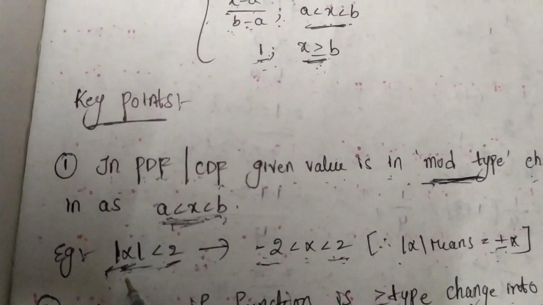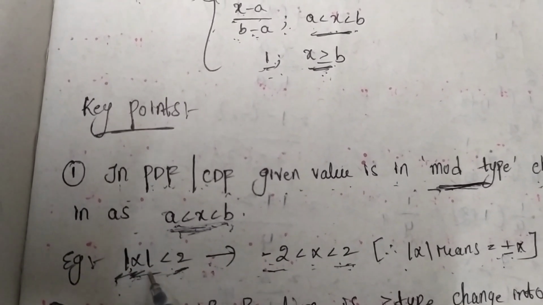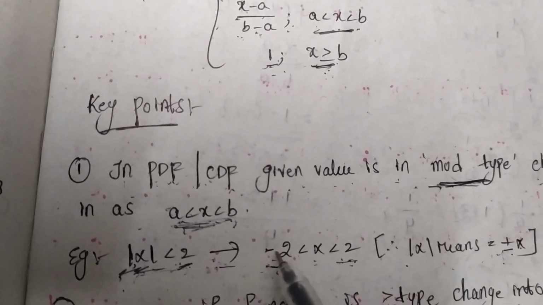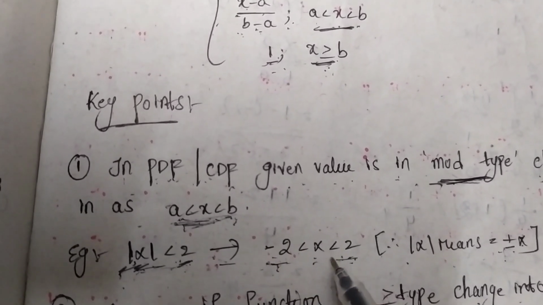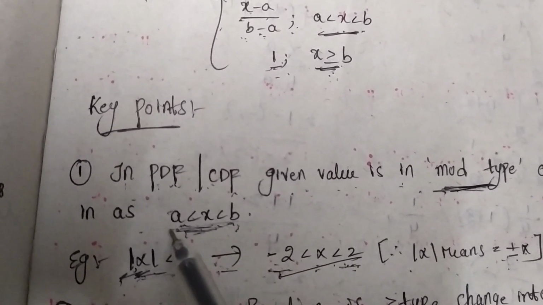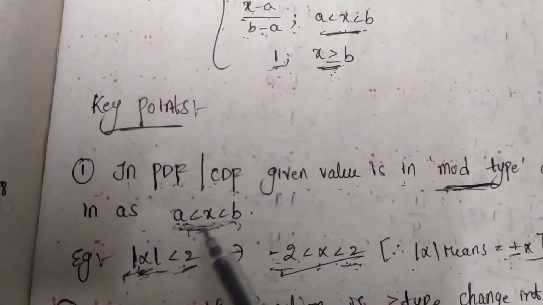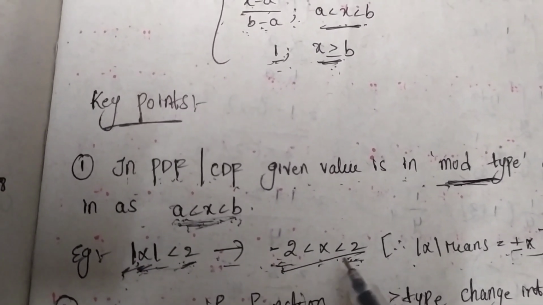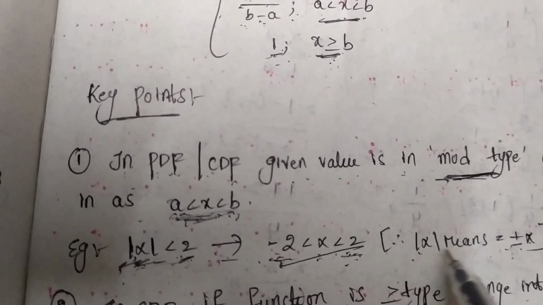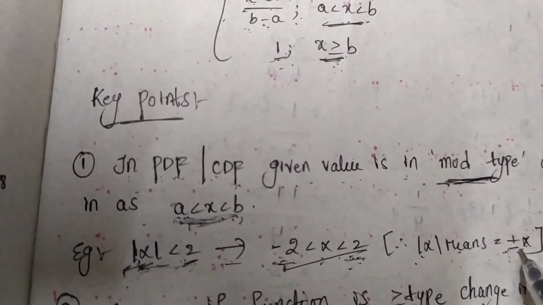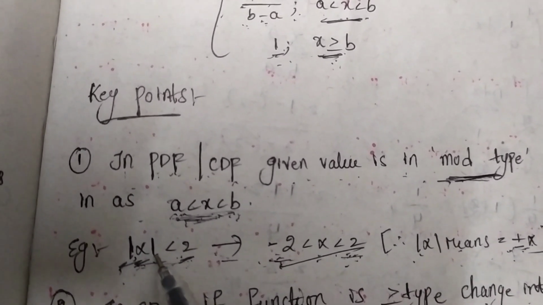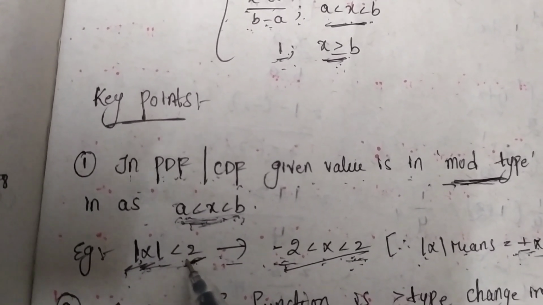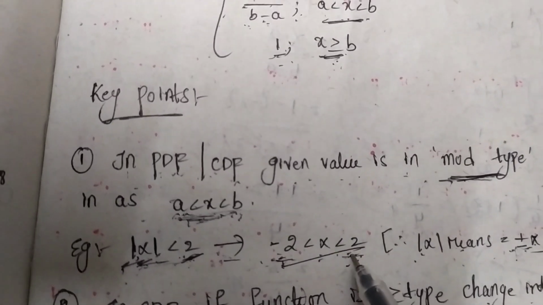For example, mod x less than 2 gives rise to minus 2 less than x less than 2, which is in the form a less than x less than b. Here we take a, b values as minus 2 and plus 2, because mod x means plus or minus x values, and the mod x value is less than 2, so we take minus 2 and plus 2.